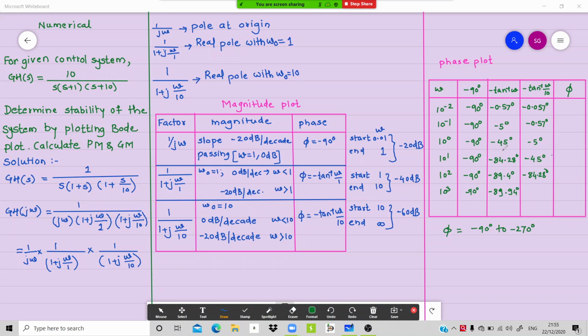No need to calculate these values because it is shifted by 1. Minus 89.4.